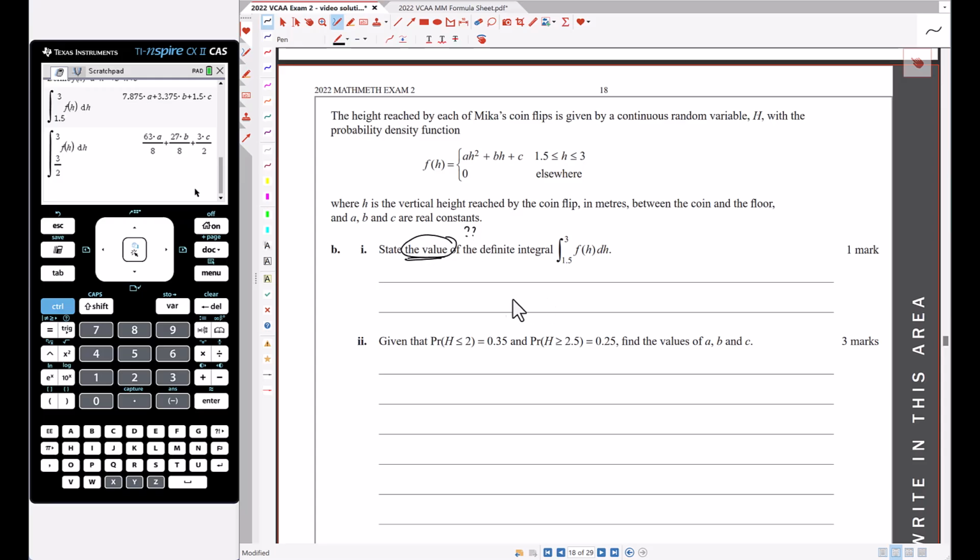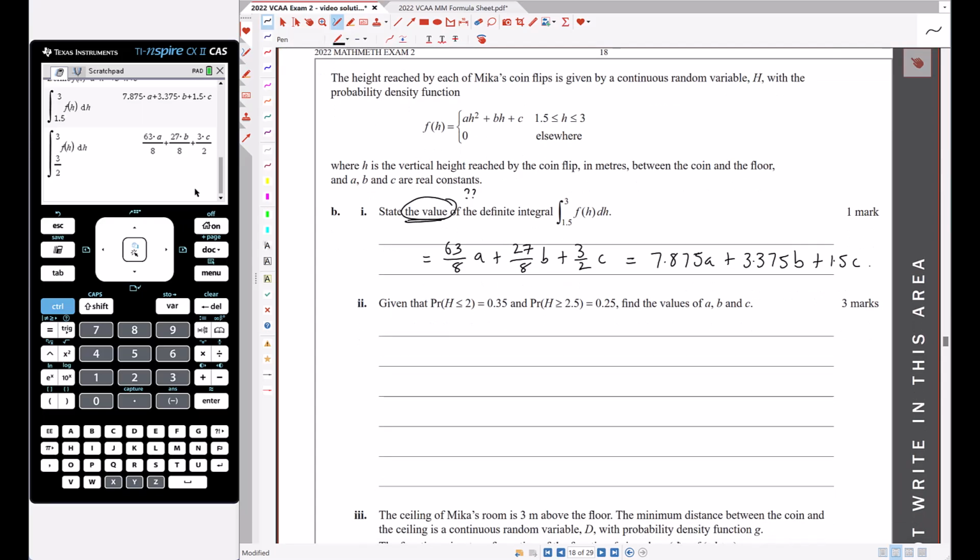Okay, so we could either write it as 63 on 8A plus 27 on 8B plus 3 on 2C, or 7.875A plus 3.375B plus 1.5C, either of those.